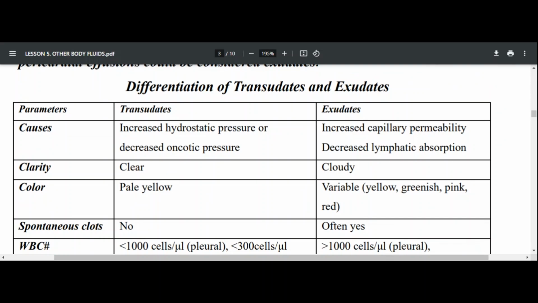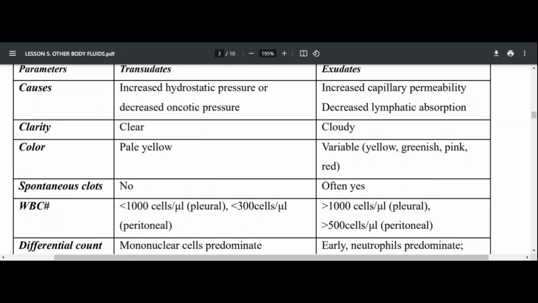The clarity of transudate is clear, whereas most exudates are cloudy. The color is pale yellow for transudate, but exudates will have variable colors, for example, yellowish, greenish, pink, and red. Spontaneous clots can happen most often with exudates, while in transudates there are no spontaneous clots.